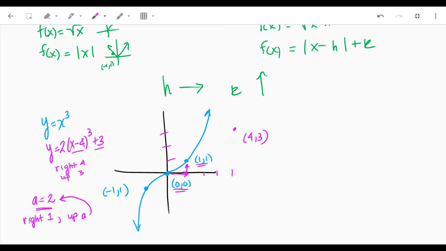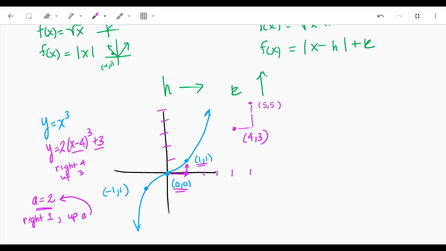So I'm going to take, where I'm at 4, 3, I'm going to go right 1, and I'm going to go up 2. Okay, so right 1 will take me to an x coordinate of 5, and up 2 also takes me to a y coordinate of 5. And that will also be standard for every single one of them because they all have the point 1, 1. So that will always get me my 2 points. Okay, it'll get me where the vertex goes, and then it will get me my stretch factor.